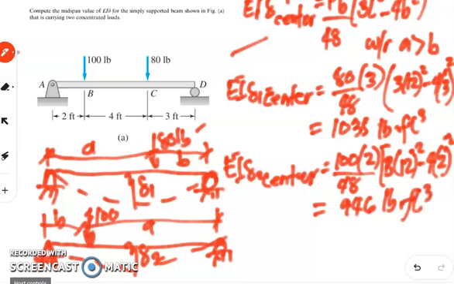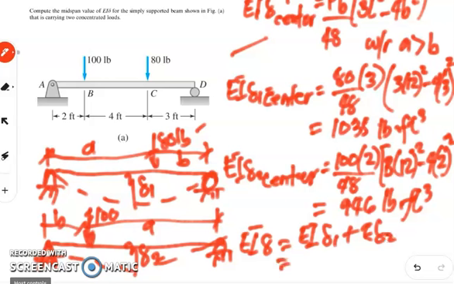To get the midspan deflection using superposition, we simply add the two deflections. So EI delta is equal to EI delta 1 plus EI delta 2. Adding 1,035 and 946, you get 1,981 pounds cubic feet. So this is our final answer.